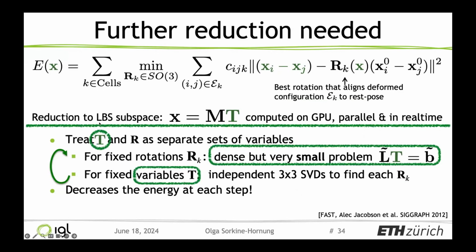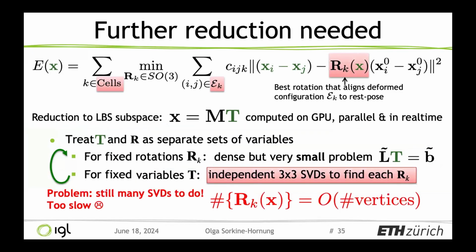Instead of x, we have T as unknowns, and we have a very, very small problem to solve in the global step here. The only problem is the local step, because the 3x3 SVDs still stay very numerous. We still have a lot of mesh vertices that we have to solve the SVDs on, so it's quite slow.